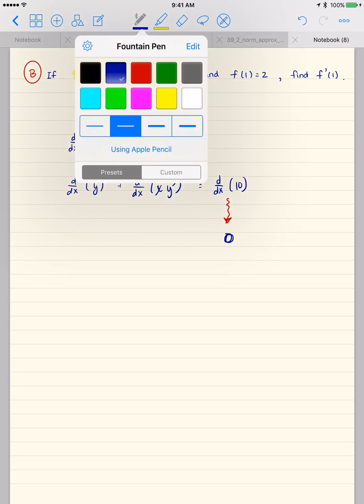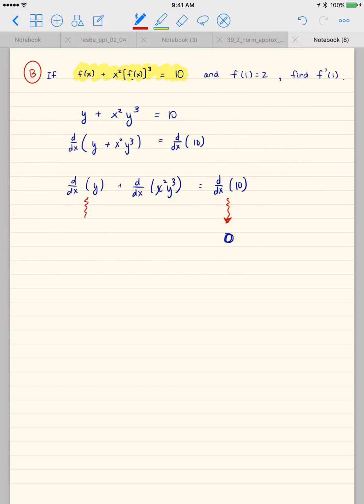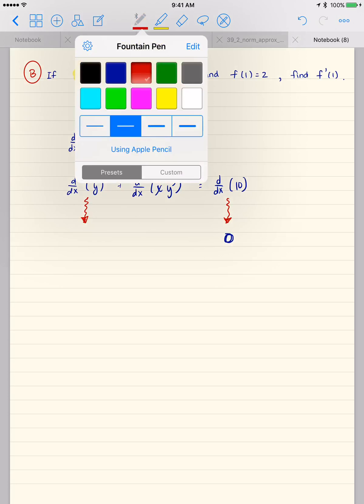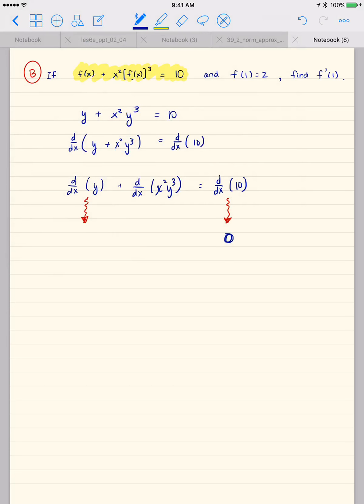The derivative of y with respect to x is just going to be equal to y prime. However, to find the derivative of x squared y cubed with respect to x, we need to use the product rule.